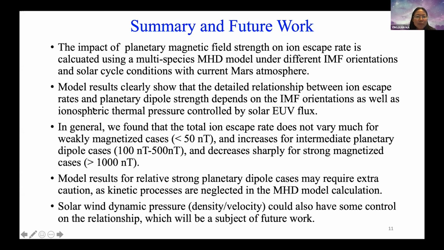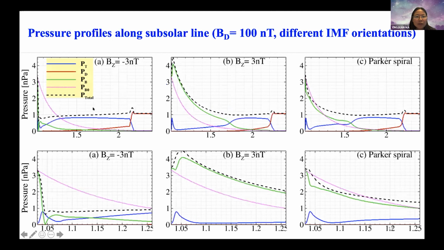Actually, maybe I can go to this slide here. This is for different IMF orientations: southward, northward, and the Parker spiral. As you can see, the interaction process is actually quite different, especially if you zoom into the regions closer to the planet.